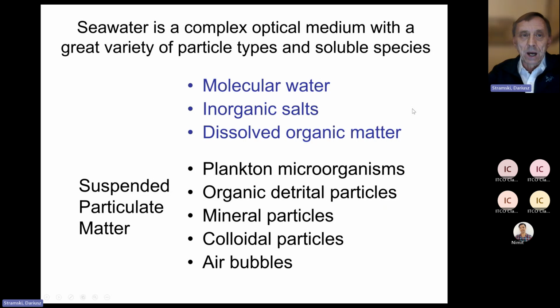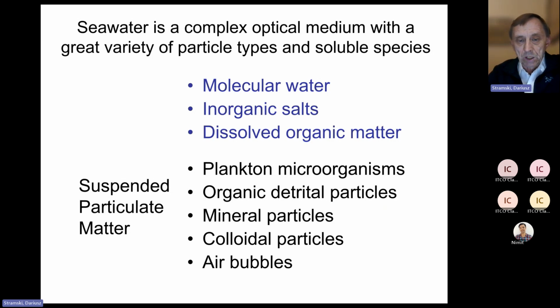Here on the slide, I indicated several broadly defined optically significant categories of constituents of seawater: molecular water, inorganic salts, dissolved organic matter, and suspended particulate matter, which can be divided into several broadly defined categories: plankton, microorganisms, organic detrital particles, mineral particles.